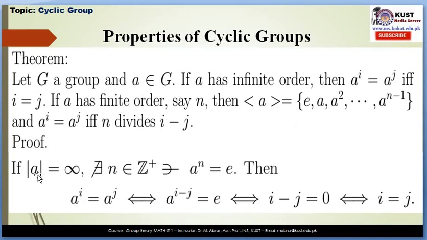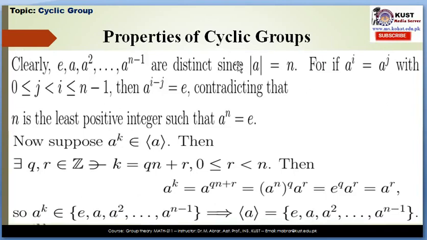First we assume that the order of a is infinite, then by definition it means there does not exist any positive integer m such that a raised to m is e. So when these two are equal, the only possibility is that this i minus j is nothing but 0. In that case i becomes j.